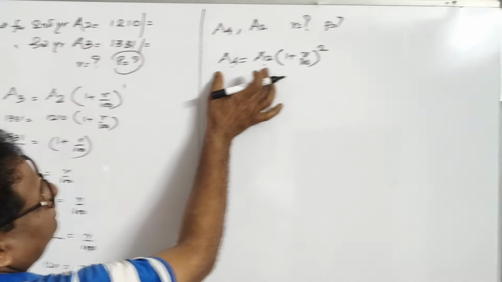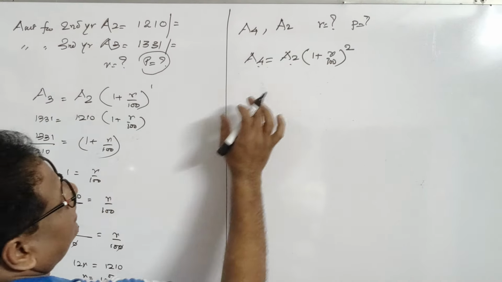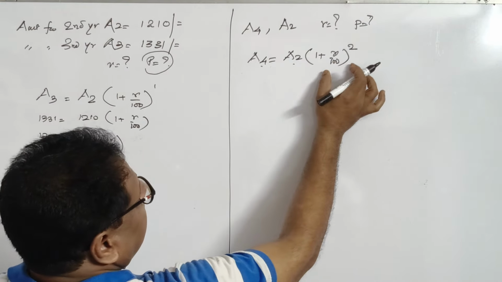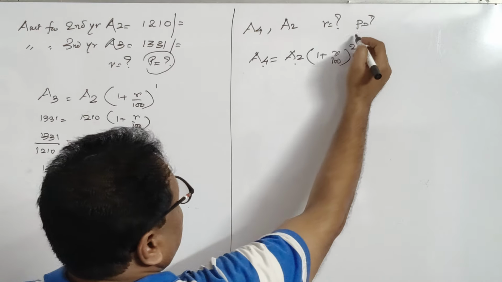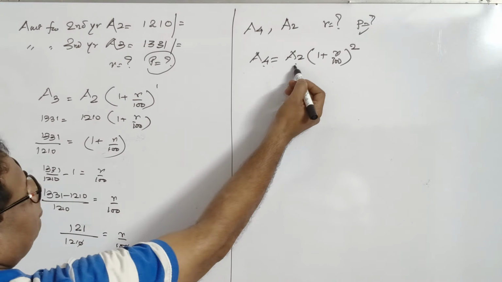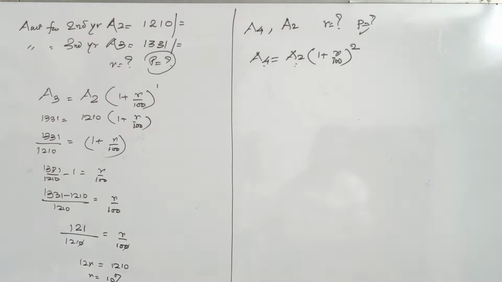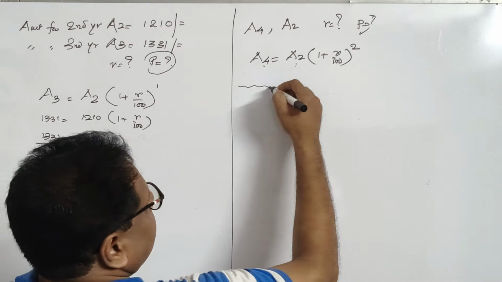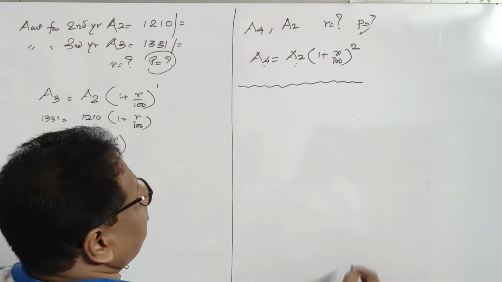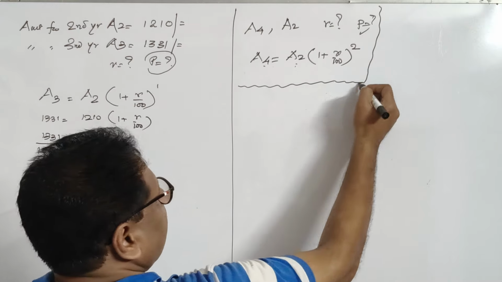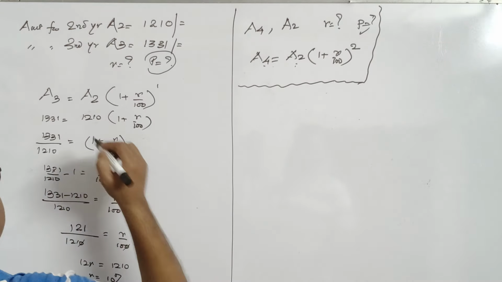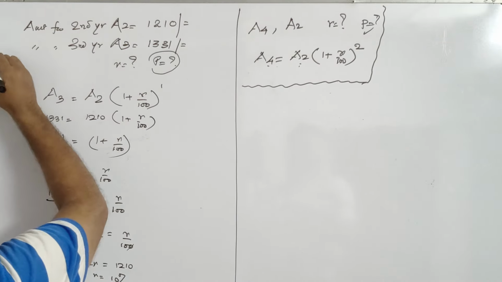A4, A2, you put the value just as you used over here and then you can find the rate. After getting the rate, you can work out for the principal using the lower amount, that means A2. So this is how questions on successive amounts can be solved. Okay. This is case 1.